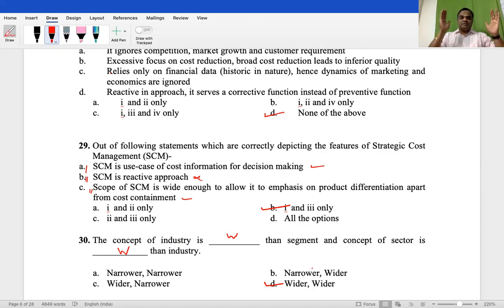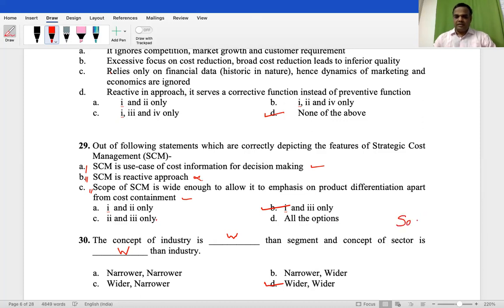Therefore, which one is the biggest? Sector. Thereafter, industry. Thereafter, segment. Thereafter, company. Am I right? Yes. So the order, if you want, you can note it down so that you have better clarity. What is the first one?